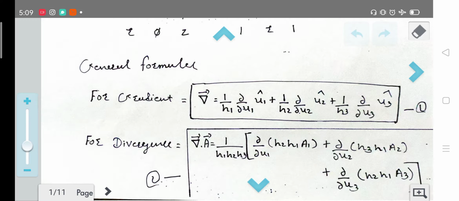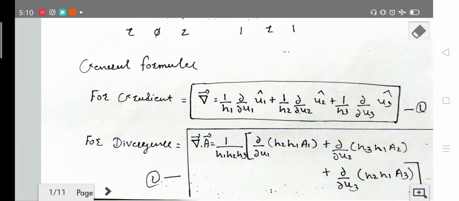So the generalized formula will be 1 upon h1 h2 h3 into the bracket del by del u1 h2 h3 a1, plus del by del u2 h3 h1 a2, plus del by del u3 h2 h1 a3, where a1, a2 and a3 are the components of vector A.